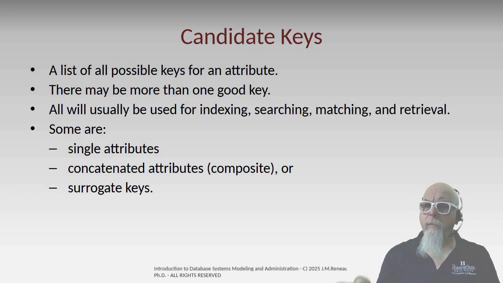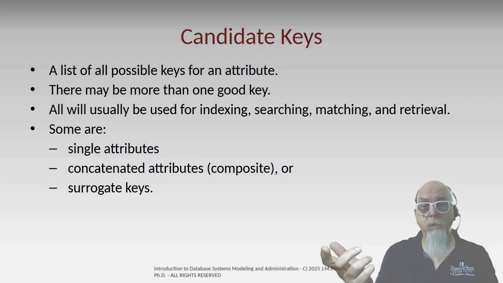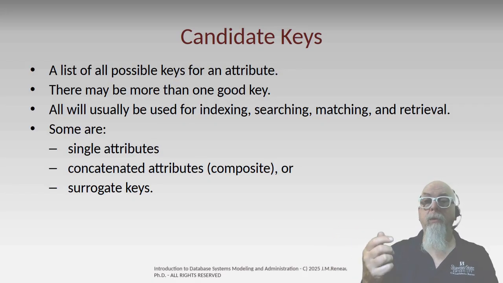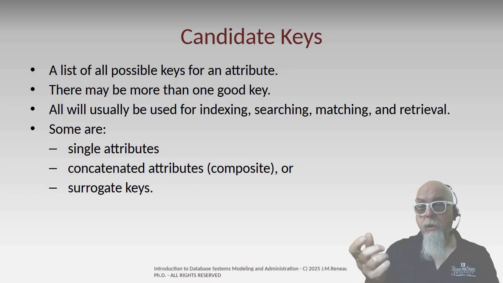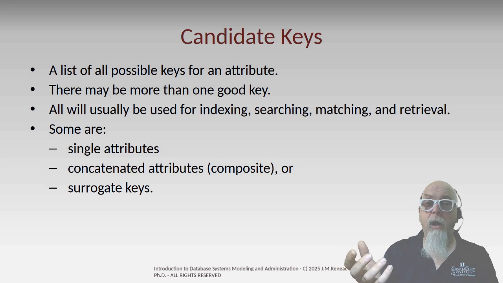And we'll want to remember all of those because we're going to use them later for searching and indexing and retrieval, because it might help someone go find an item or find an attribute, find an instance of an entity. So some are singles, some are concatenated, and some are surrogate, which is a key that we've made up. We've just kind of assigned a number, like a student ID number or a customer number or something of that sort. So there could be multiple keys, and we call all of the valid keys that could work candidate keys.